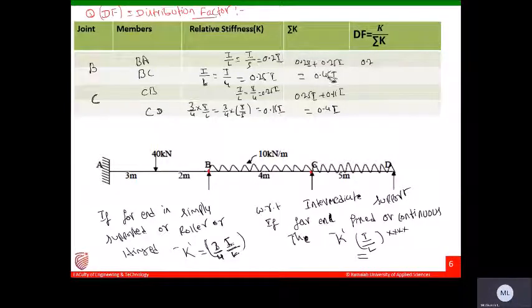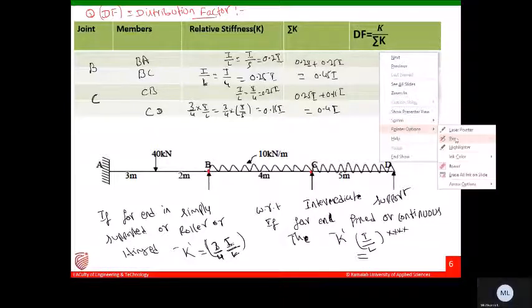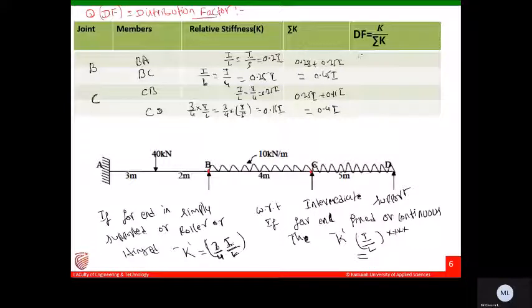It will be 0.2 I divided by 0.45 I, which gives 0.44. Next, 0.25 I divided by 0.45 I, which will be 0.56.